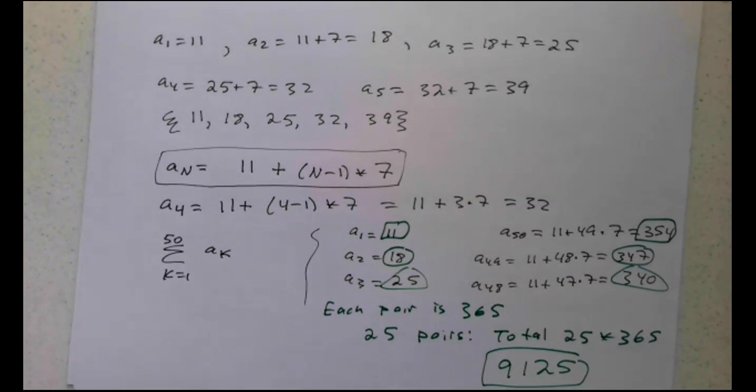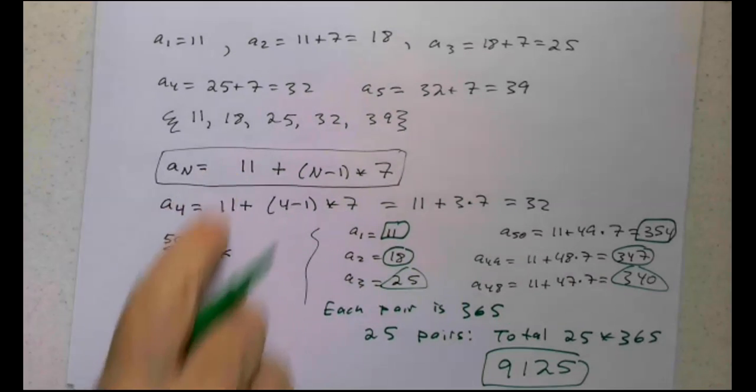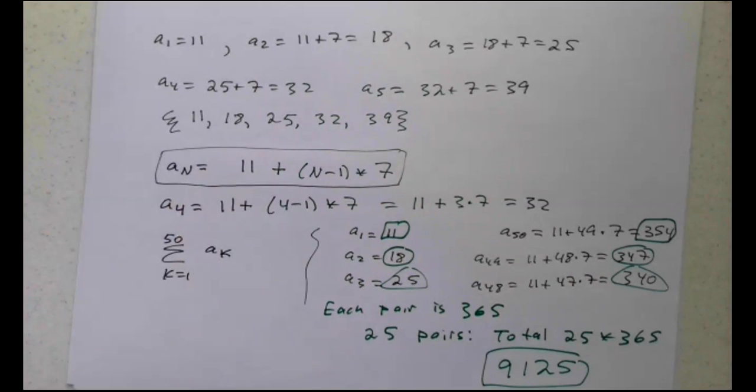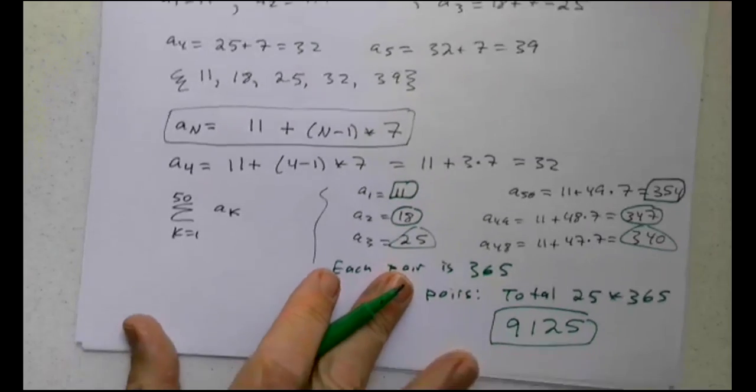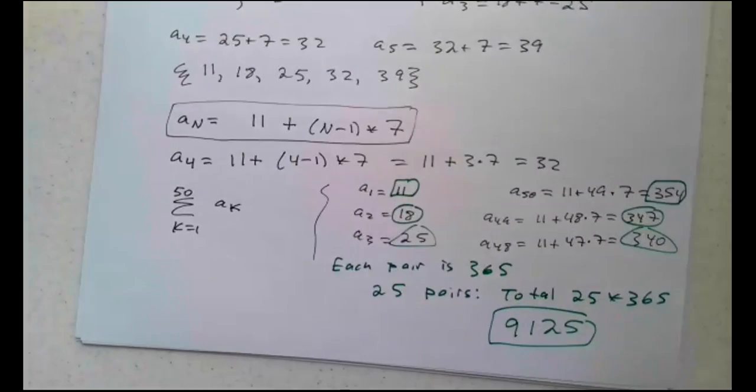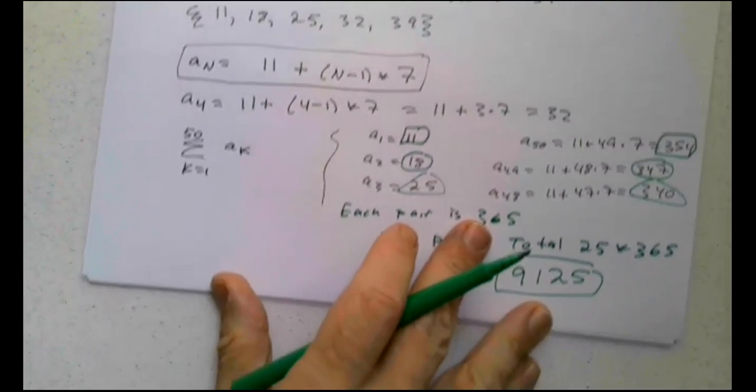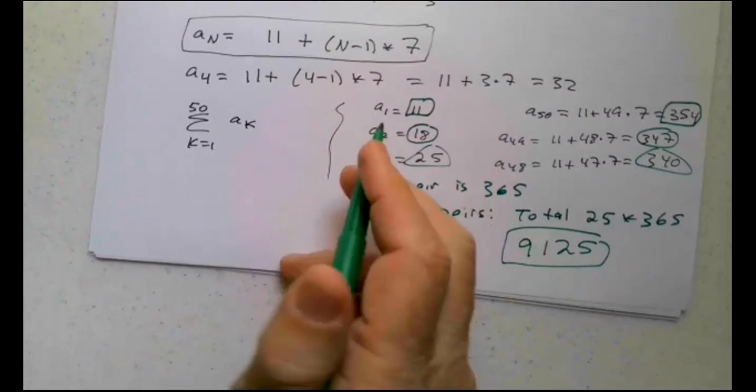We believe that's the answer, but I can also use this with the graphing calculator to get ourselves a computation. So I see that a sub n is 11 plus n minus 1 times 7.